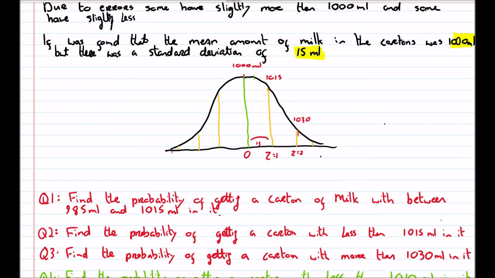And add another standard deviation for z equals 3, and we have 1045. To the left now, take away one standard deviation for z equals -1, and we're left with 985. For z equals -2, take away another standard deviation, left with 970, and take away another standard deviation for z equals -3, and that will be 955.